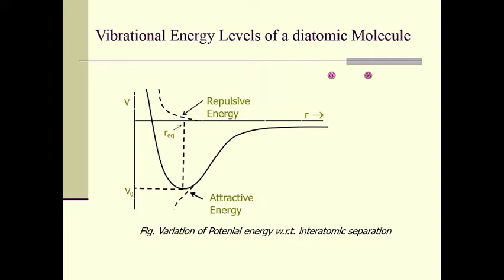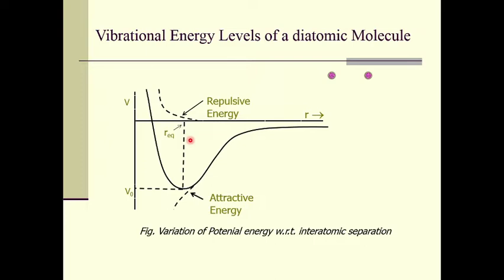So we can say the two atoms settle at an equilibrium interatomic distance, and we call this interatomic distance R equilibrium, right.